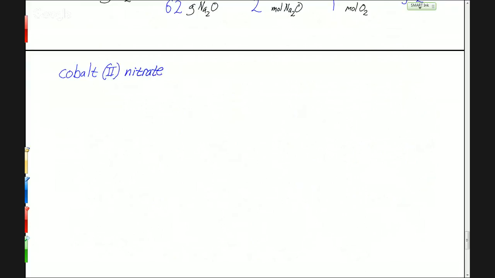All right, so don't pull that stuff out because I don't want you to look at the equations, but let's look at cobalt nitrate. And we're going to add sodium hydroxide.